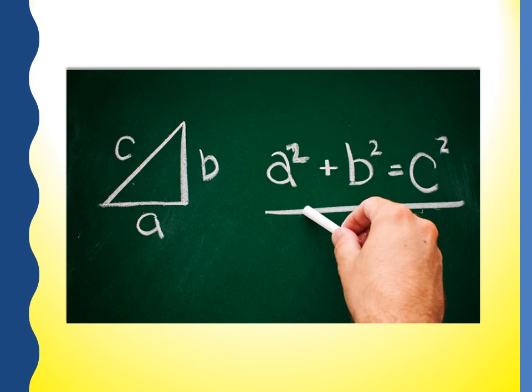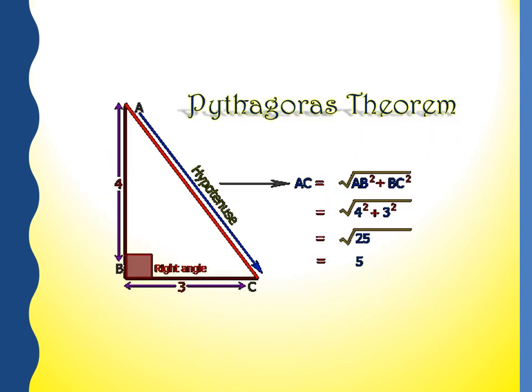Again, about Pythagoras theorem, A square plus B square equals C square, while A and B are the sides of the right angle and C represents the hypotenuse. Then how can I find the hypotenuse if I have the sides of the right angle? I can find it easily using Pythagoras theorem.